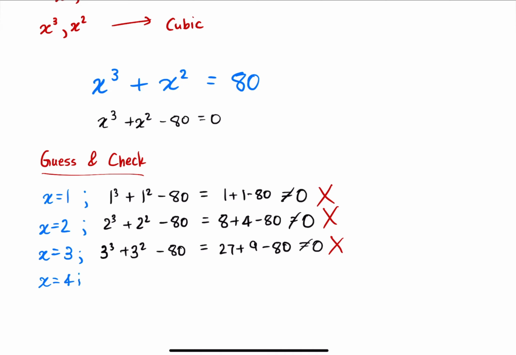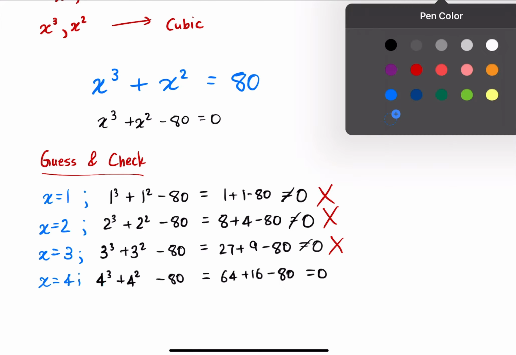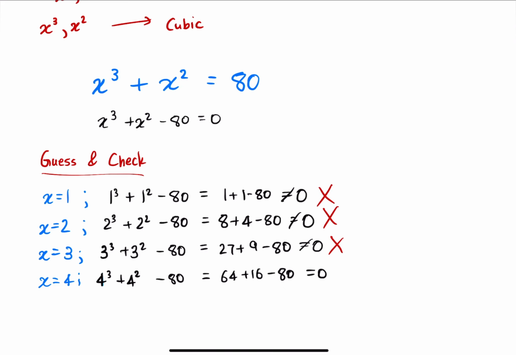If x was 4, that would give us 4 cubed plus 4 squared minus 80. And we'd have 64 plus 16 minus 80, which does give us 0. So this tells us that the value of x is 4.